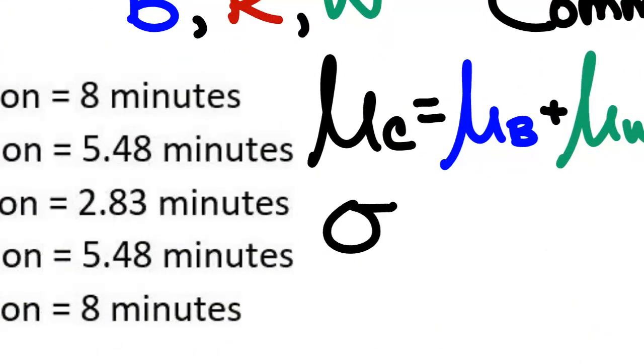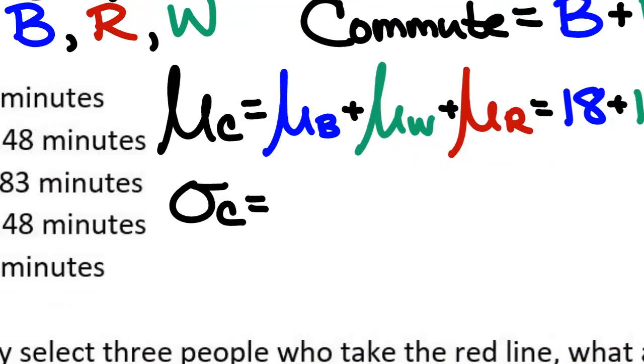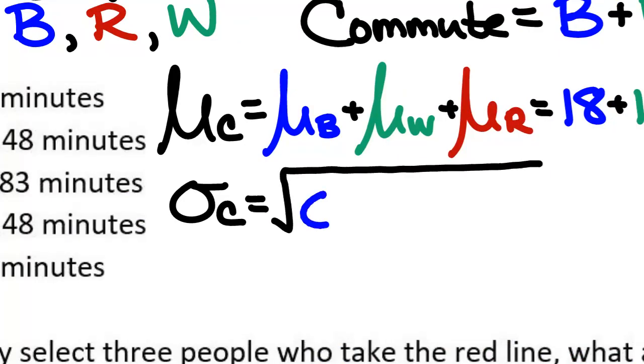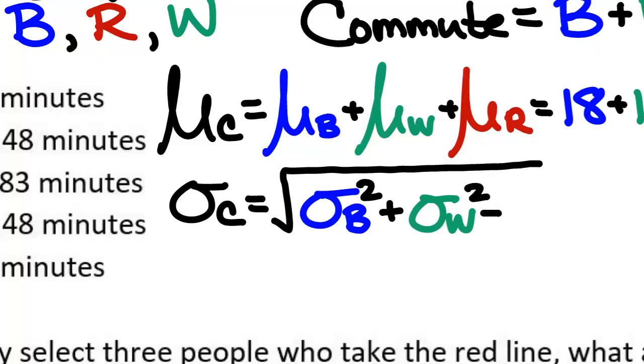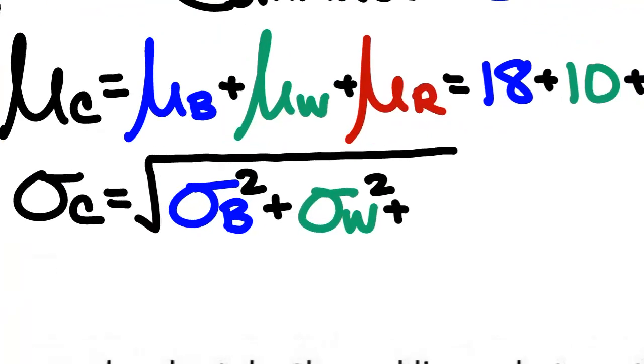So if I want the standard deviation of the commute time, I need to do the square root of the standard deviation of the blue line squared, because that's the variance, plus the standard deviation of the wait time squared, plus the standard deviation of the red line squared.